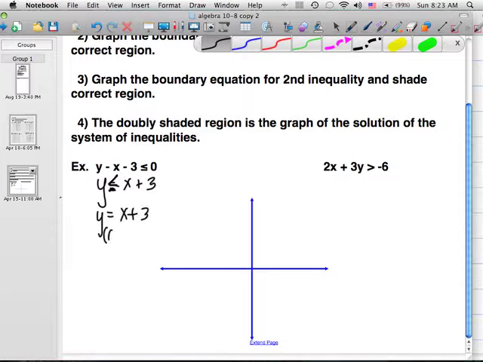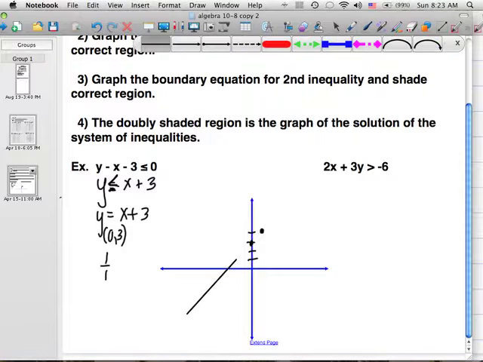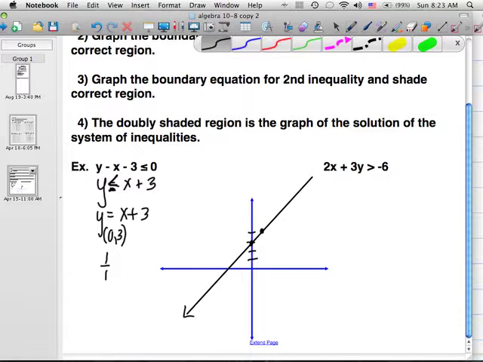Our intercept is 0, 3, and our slope is 1, up 1, right 1. So we graph that. Second point, up 1, right 1. And it's a solid line. And it says less than or equal to, so we would shade below.